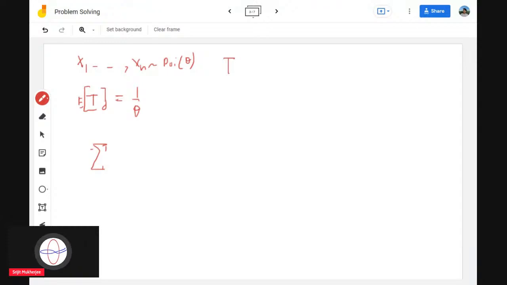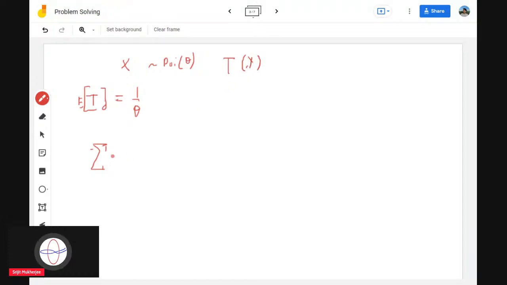Are you sure it's for this or something else? I think what you are trying to say is the following. It's not x1, x2, ..., xn, but just a single x. A single x follows Poisson. So T is a function of x.